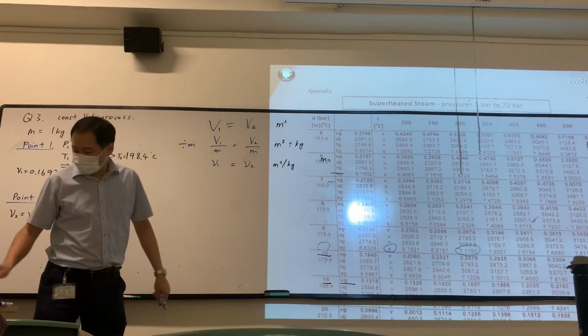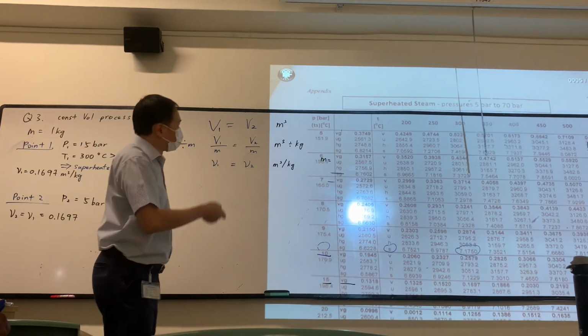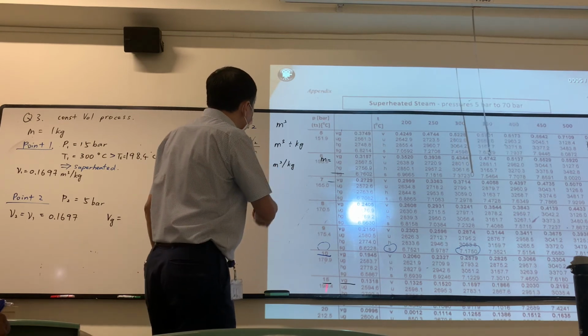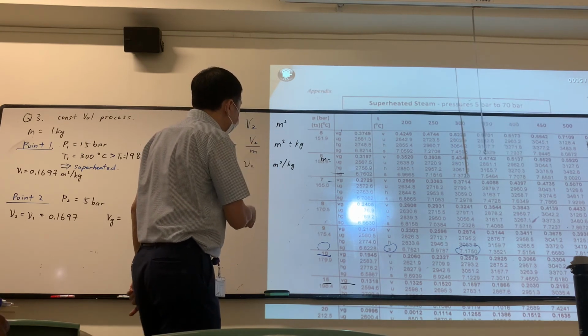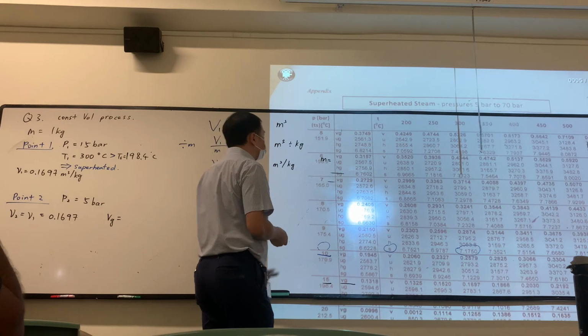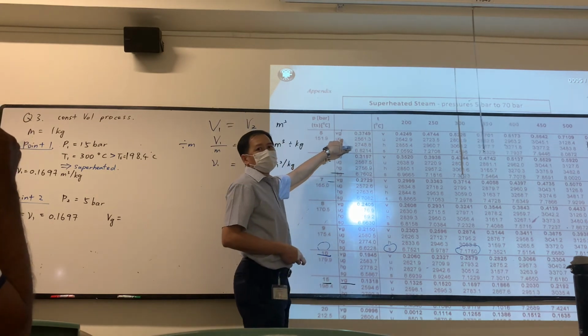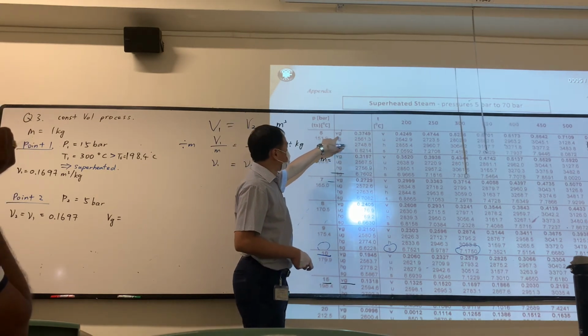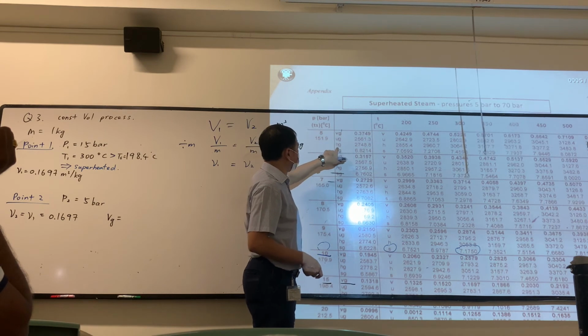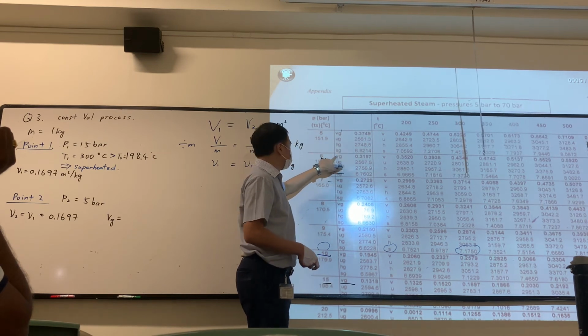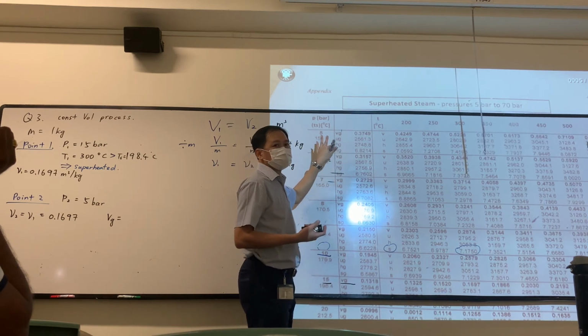One is from the superheated steam table, this location. You can see this pressure on the first column. The second column are all the G values: Vg, Ug, Hg. And one more G, Sg, you'll use in chapter 2.